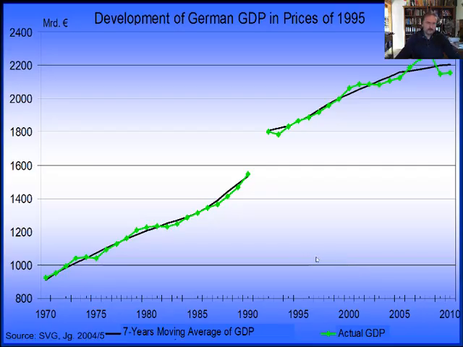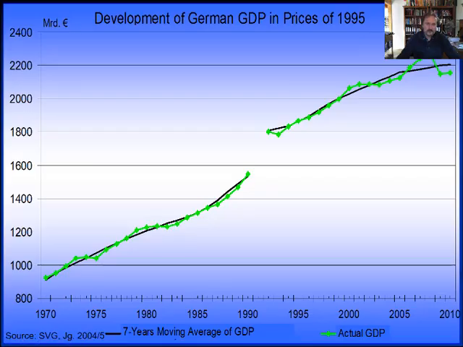A widely used convention in public media as well as in textbooks is that the expression economic growth is used synonymously with real growth of GDP. Nobody measures economic growth based on the nominal growth rate of GDP. Therefore, this diagram presents German GDP at the prices of a fixed base year, namely the year 1995.